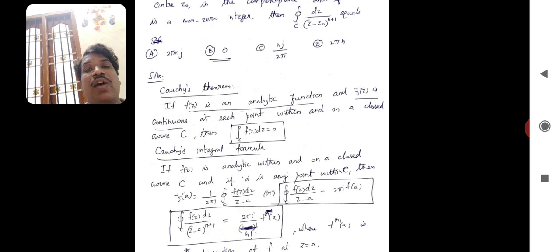And coming to the next one, Cauchy's integral formula for derivative. Integral over C f of z dz by z minus A whole power n plus 1 equals 2 pi i by n factorial f n at the point A, where f n represents the nth derivative of the function f at the point z equals A.